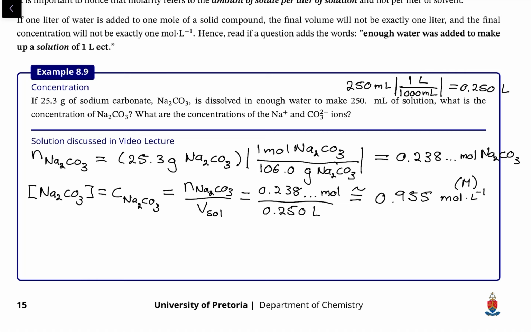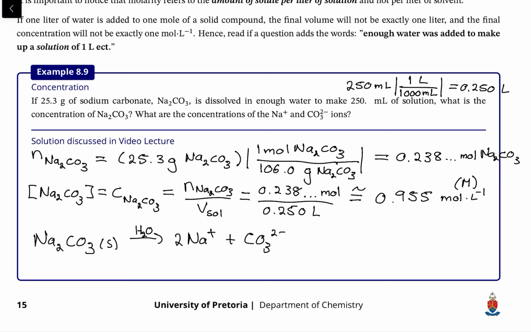Now the question is, what are the concentrations of the sodium plus and the carbonate ions? Are they the same as the sodium carbonate? What happens to sodium carbonate if you put it in water? If you take this solid and solvate it, what does it split up into? It splits up into sodium cations and carbonate anions.